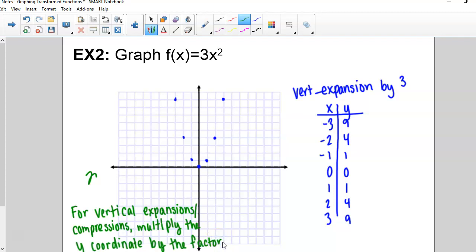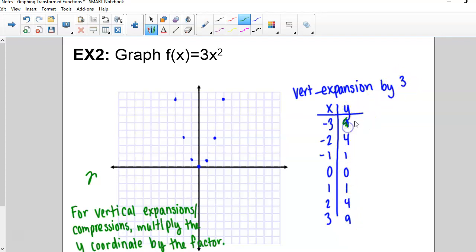Okay, so if you have a vertical expansion or compression, we're taking that y-axis and we're stretching it. In this case, it's expansion, so we're stretching it taller. And so when you stretch something taller, it's going to change the y-coordinates, but it's not going to mess with the x-coordinates because that would make it wider or skinnier. So we just take all of these y-coordinates and we multiply them by our factor, which is 3 here.